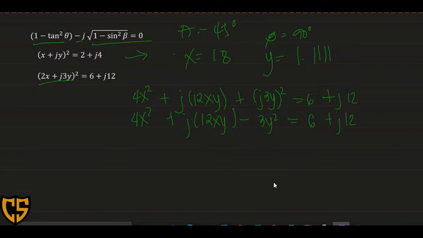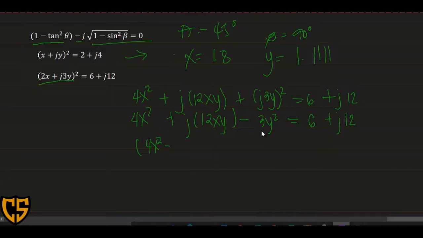We will have 4x squared minus, I'm sorry, this will not be 3y squared because if square pa nato ng 3, our answer here will be 9y squared. So we have 4x squared minus 9y squared plus j times 12xy is equal to 6 plus j12.